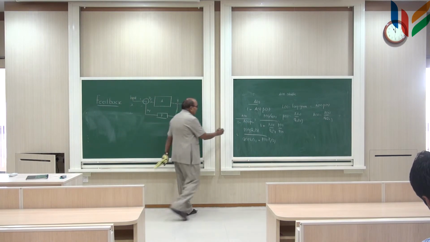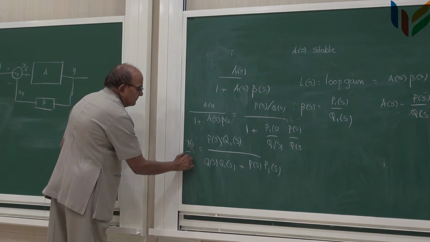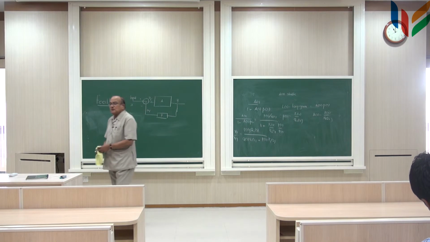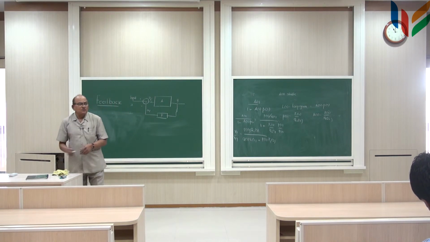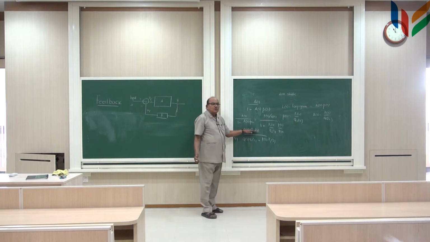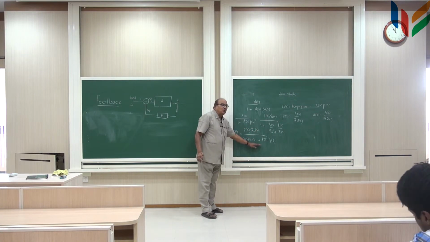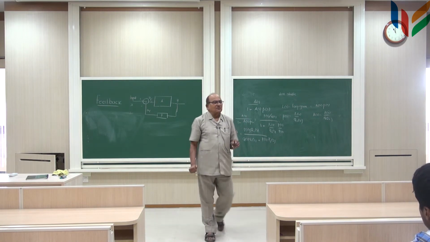So, this is Y(s) by X(s). Now, let us check whether this transfer function is stable or not. So, what are the requirements? We do not care about the zeros of the transfer function, it can be anywhere, but the zeros of this composite polynomial must be in the left half plane.